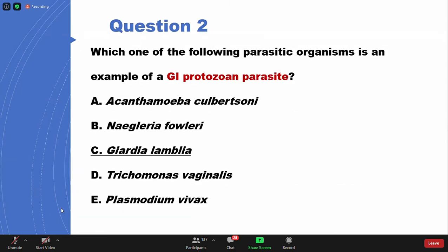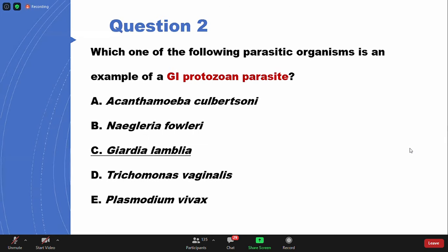So for question number 2, Ziad, if you can explain why you gave the answer to be C. Okay, doctor, because Giardia lamblia is in the GI tract and it infects the GI, while the Entamoeba invades the tissues.